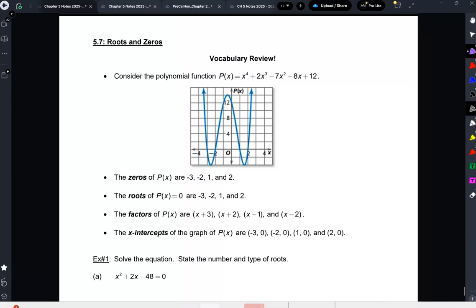We can clearly see that the zeros here are right here, these values, okay? And they're called the zeros because y is 0 at these points.